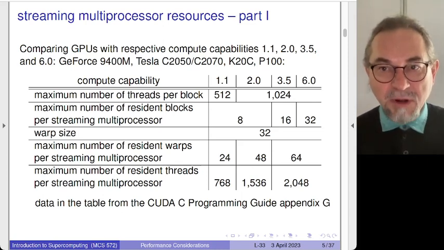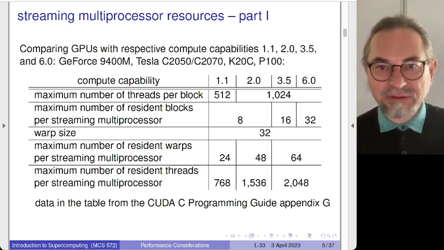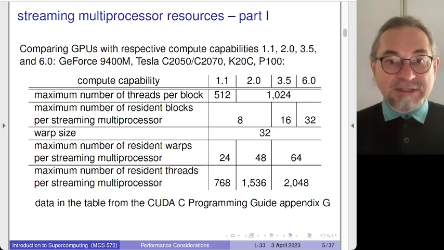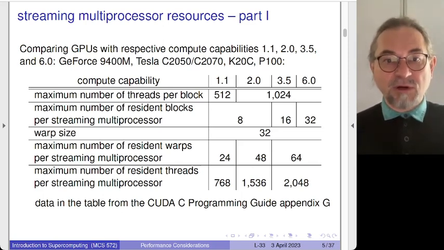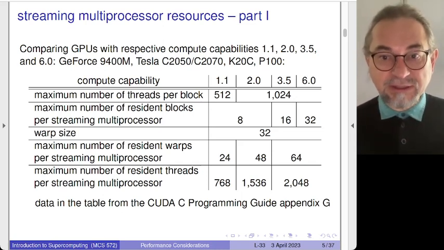And you see that among the several compute capabilities, among the several generations of GPUs, the warp size, so the warp is the unit of 32 threads that execute simultaneously, has remained constant. What has increased is the number of resident warps per streaming multiprocessor. And that's a good thing. That helps us with the latency hiding.